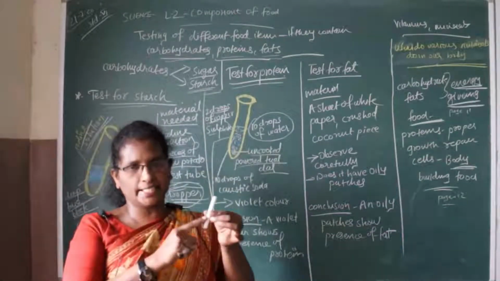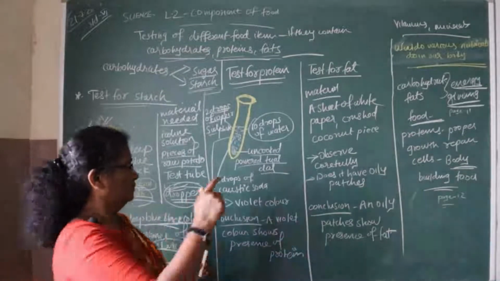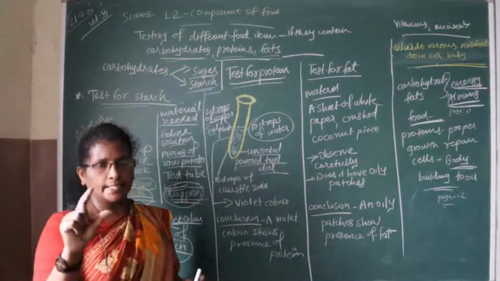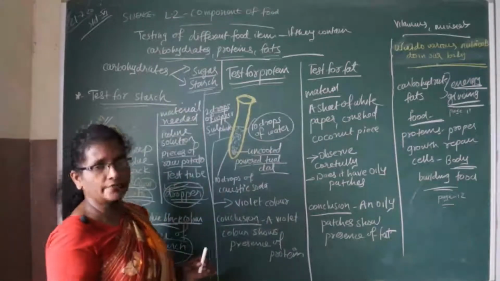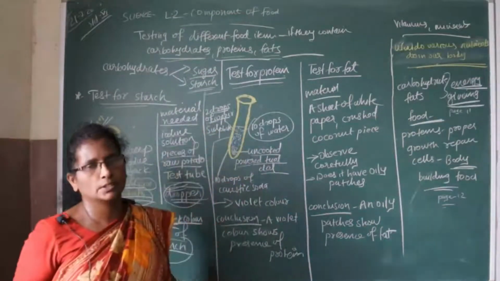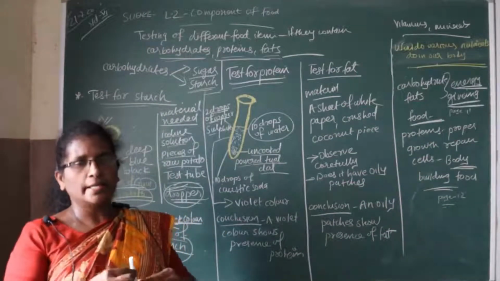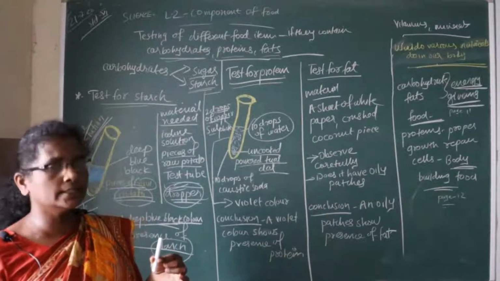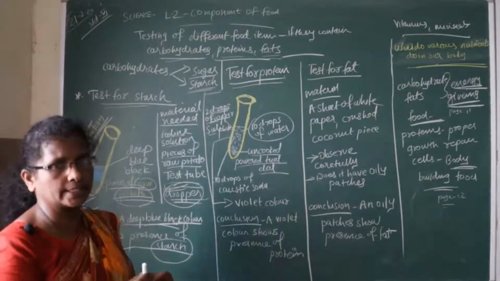So, inside the test tube we put a small quantity of powdered tuvar dal, then 10 drops of water and shake well, then 2 drops of copper sulfate and 10 drops of caustic soda. Then shake the test tube well and leave it for a few minutes, and observe what changes occur inside the test tube.